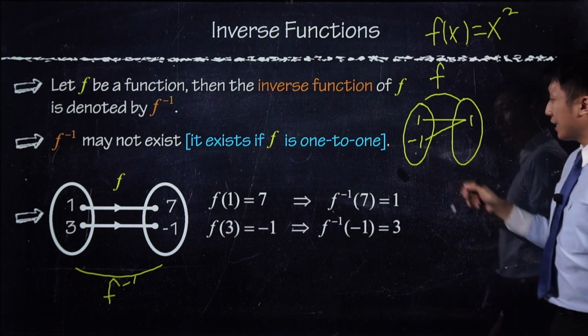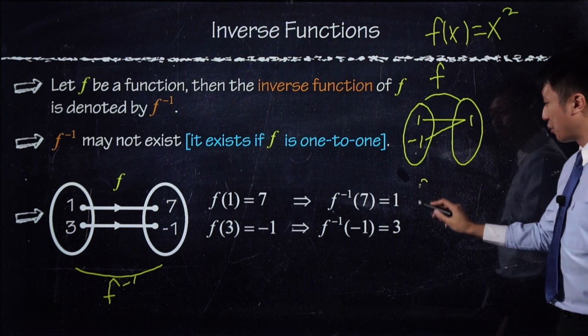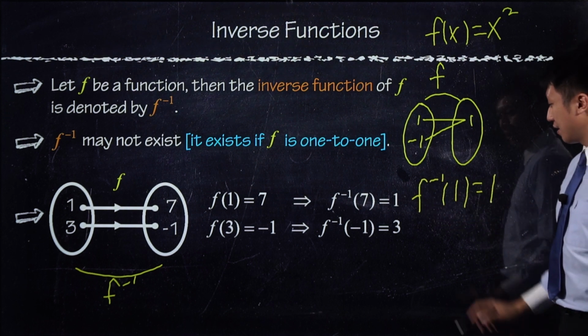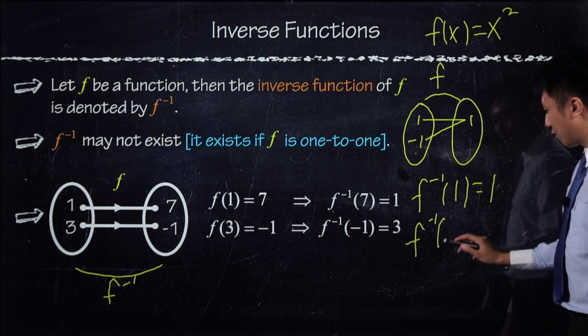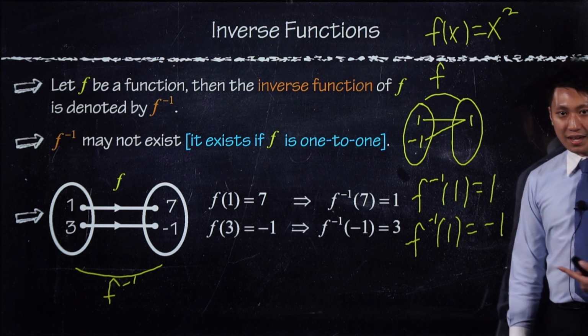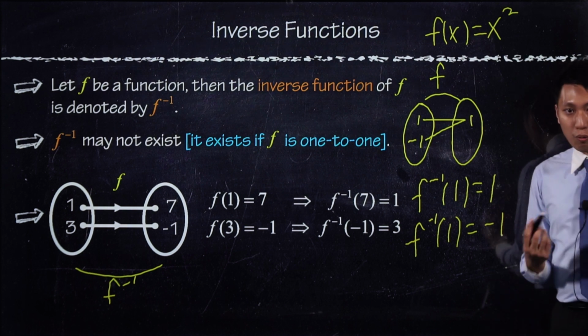So f of 1 is equal to 1, and f of -1 is also 1. Supposedly f inverse of 1 is equal to 1, and f inverse of 1 is also equal to -1. How can it be?